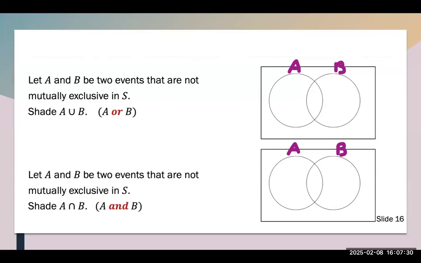Okay, so I would shade everything that lives in A and also lives in B. So in the first Venn diagram, I've shaded A or B. Now let's shade in the second Venn diagram A and B. So A and B means I live in A and I also live in B. Where is that? So the middle part is A and B. Okay?